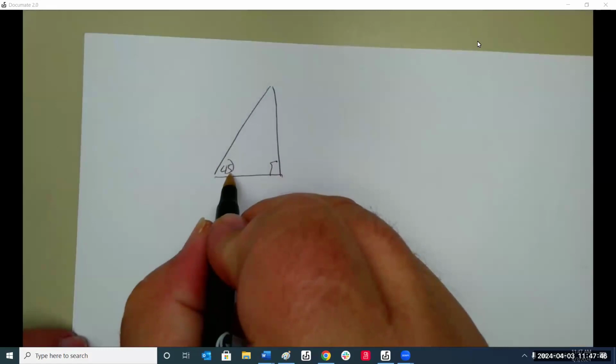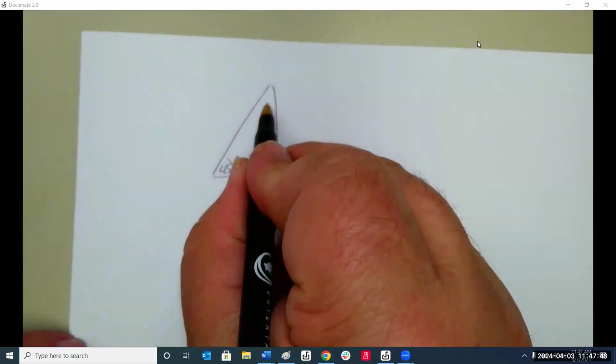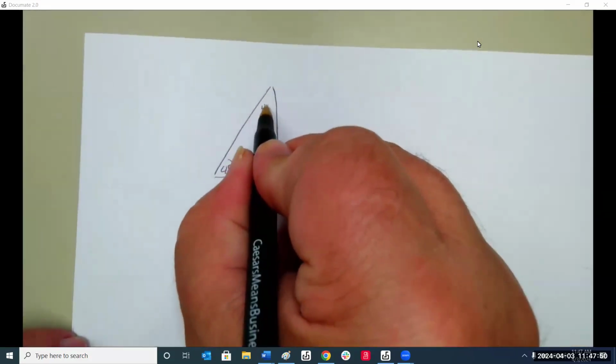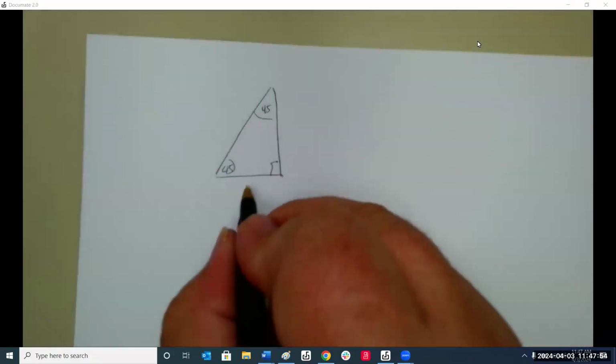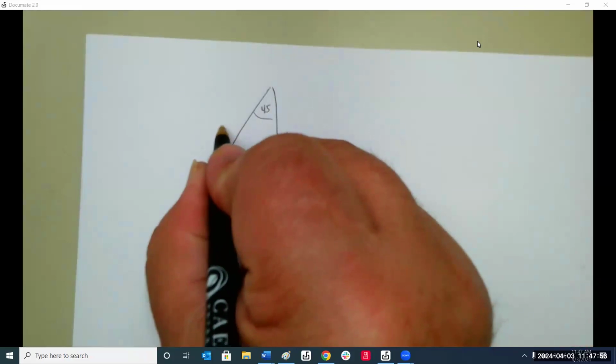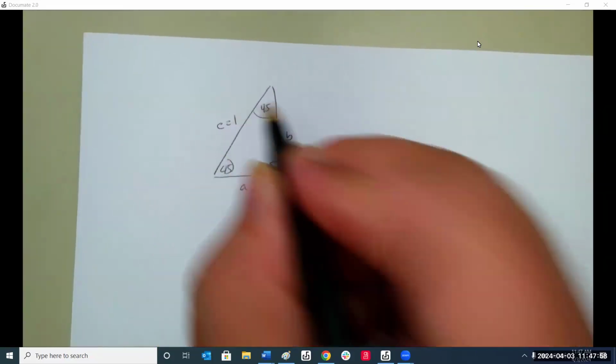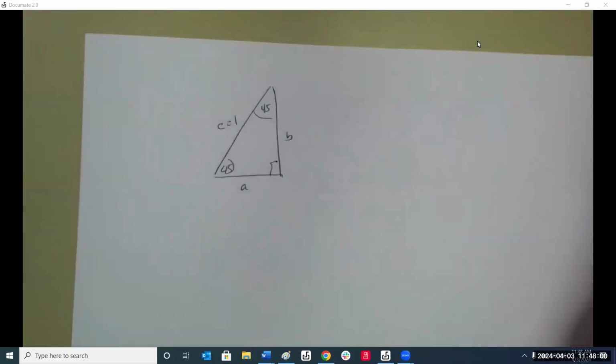If that's 45 degrees, what do we know up here? It's also going to be 45. So how are we going to do this?